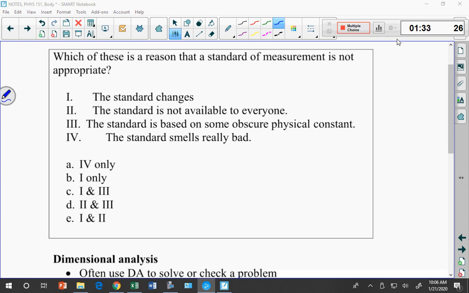Ask your neighbor what you put. If the standard changes, does that mean that it's not appropriate? If the standard is not available, does that mean that it's not appropriate? If the standard is based on some obscure physical constant, does that mean it's not appropriate? If it smells really bad?